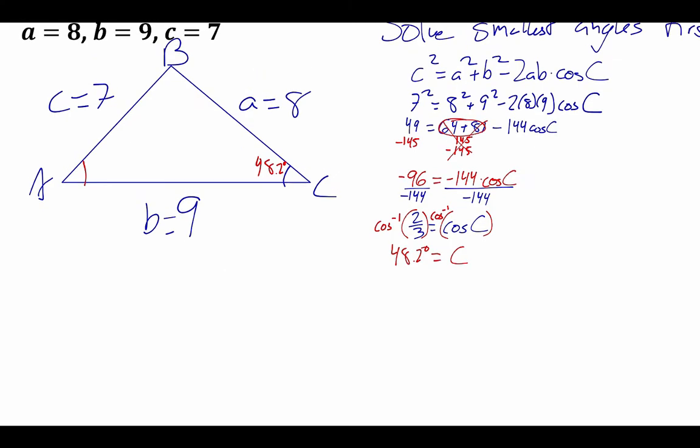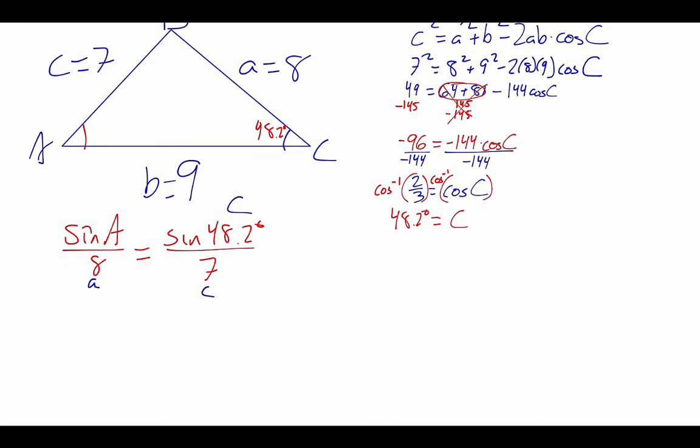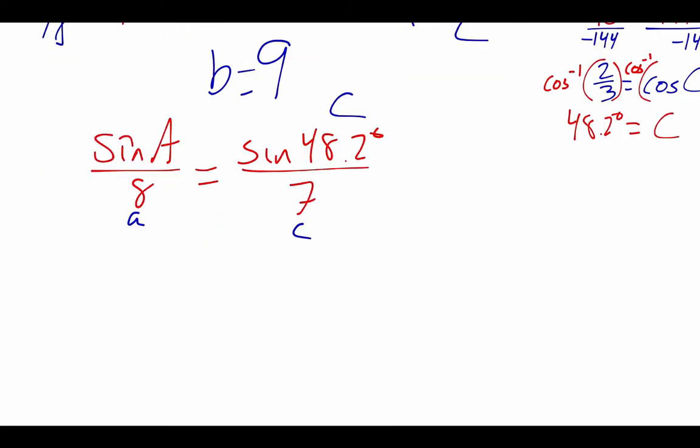We're going to say the sine of angle A divided by side length A is equal to, well, now we have another angle measure, the sine of 48.2, that's angle C, divided by 7, side length C. Again, for clarity's sake, this is lowercase a, this is capital C, we got this from lowercase c. To start solving for angle A, we've done this process several times before.